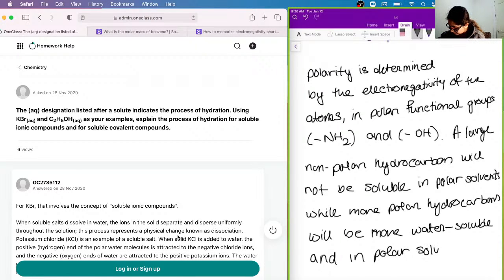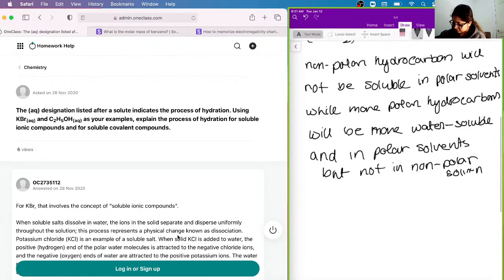But not in non-polar solvents. Non-polar solvent.